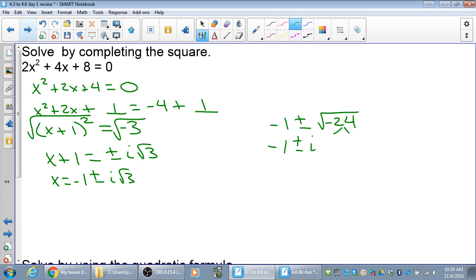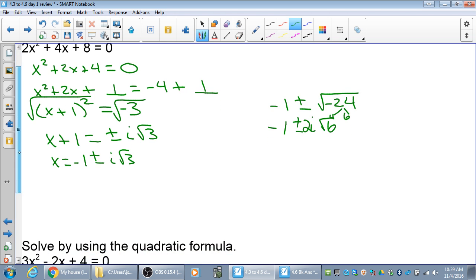But not only that, there's a little extra in that this is 4 times 6. Square root of 4 is 2. We put the 2 there. And then the square root of 6 would be a decimal, so we just leave it. So that'd be a little extra. Sometimes you're not quite done with the process of completing the square. You always have to be aware of that. Sometimes you just have a little more work to do. Awesome.